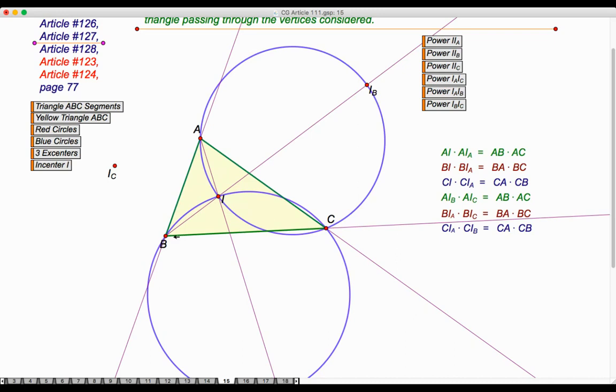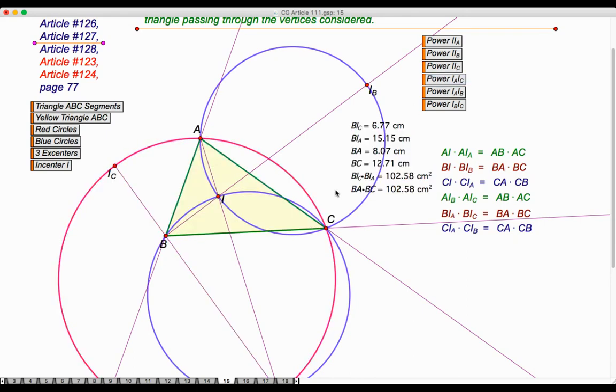So power of point B now is equal to BI times BI sub B. Oh, this should be I sub B. There you go. BI times BI sub B is equal to BA times BC. That's this line here.